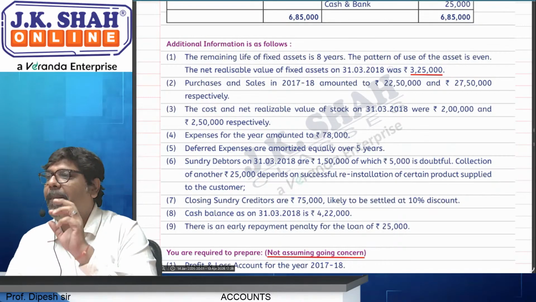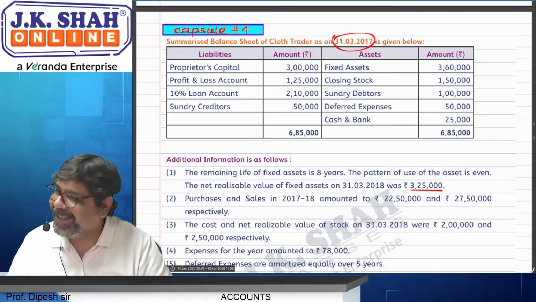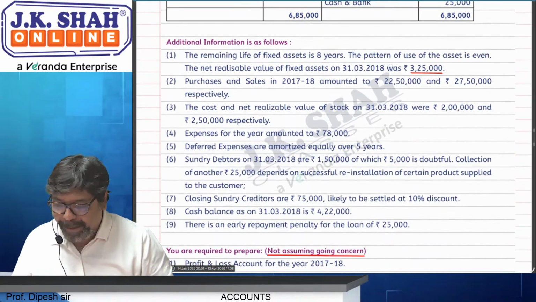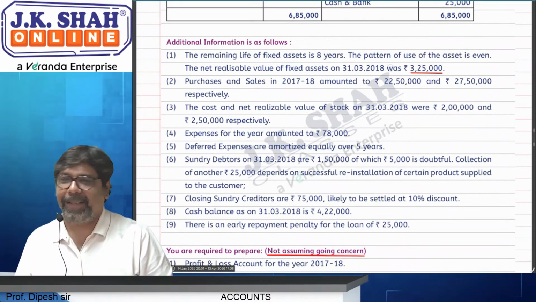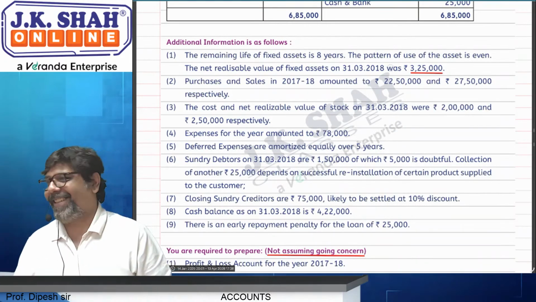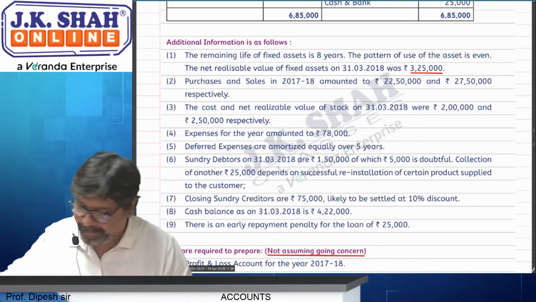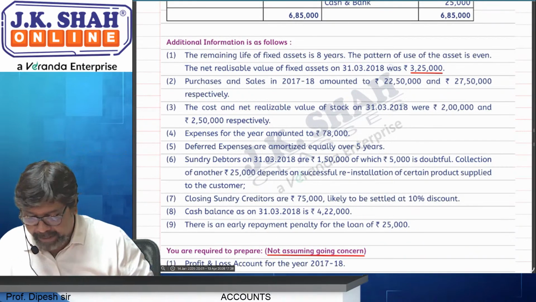अरे presently balance sheet में fixed asset is how much? But it should appear at how much? So it will decrease by how much? That decrease should come in depreciation, yes or no? Correct, incorrect?